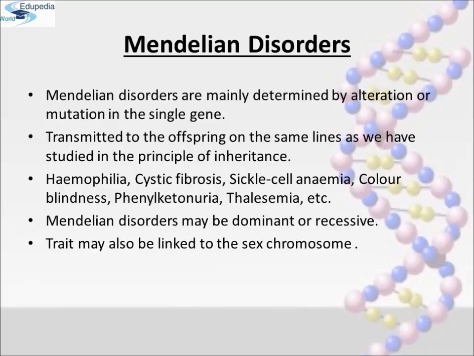By pedigree analysis, one can easily understand whether the trait in question is dominant or recessive. Similarly, the trait may also be linked to the sex chromosome, as in the case of hemophilia. It is evident that these X-linked recessive traits show transmission from carrier female to male progeny.